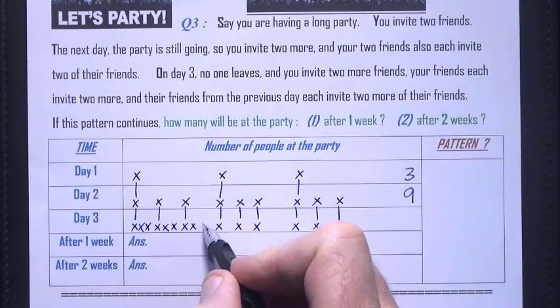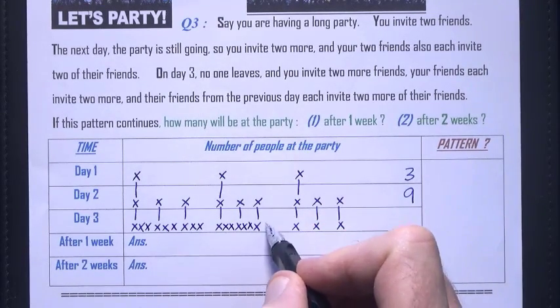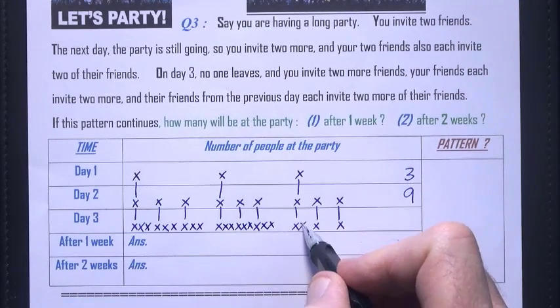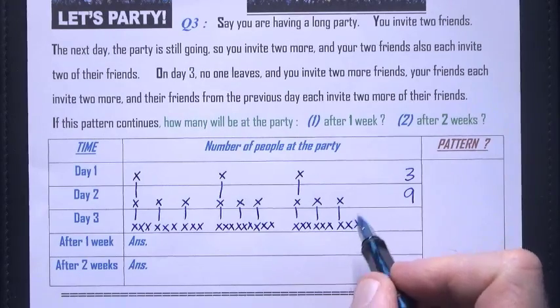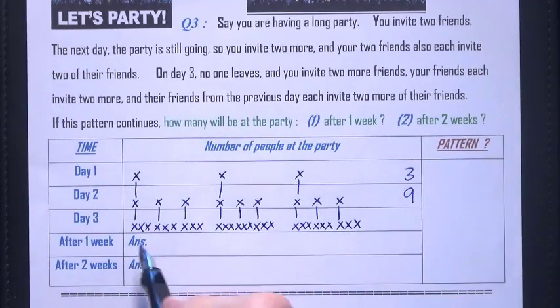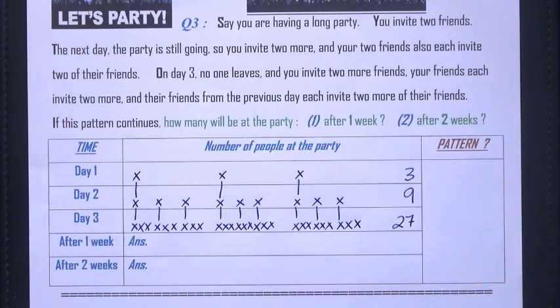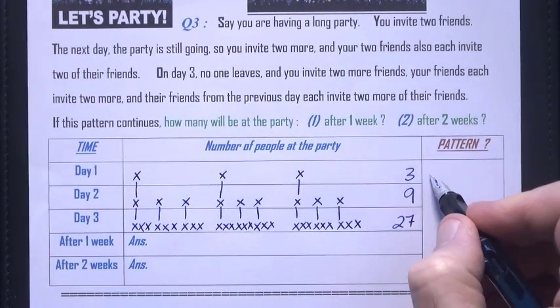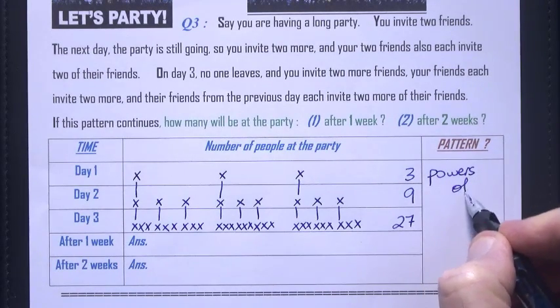Your friends from day 2 do. Their friends do. And so on. And how many have we got? We've got 3 9s there. 27. Well, it should be obvious. The pattern is the powers of 3.